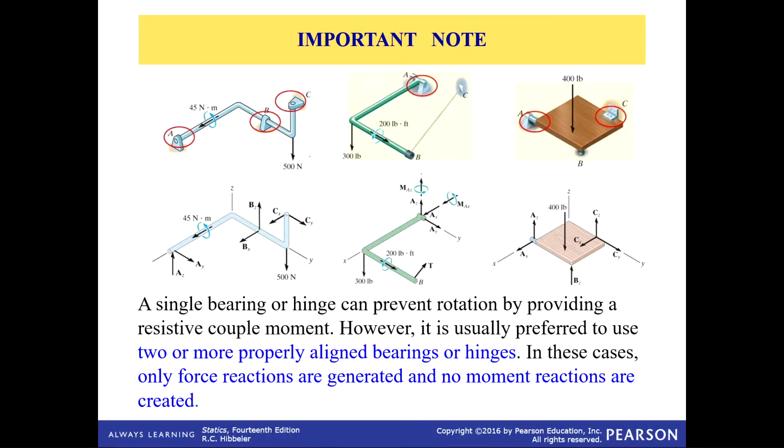So what can happen is a real system can have multiple sets of bearings or hinges, and some of those forces can fall out. So for instance, in the case of the one on the far left-hand side, let's look at that one first.